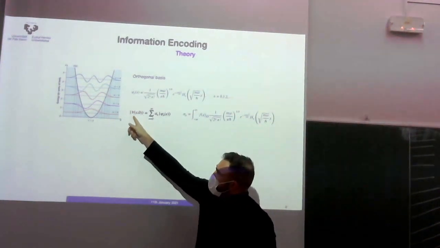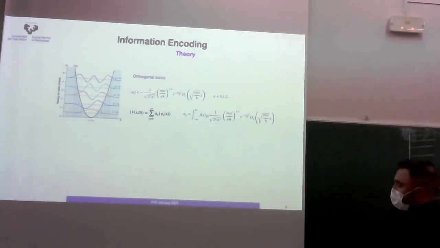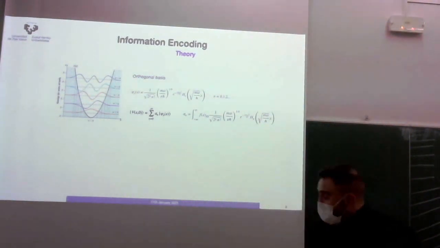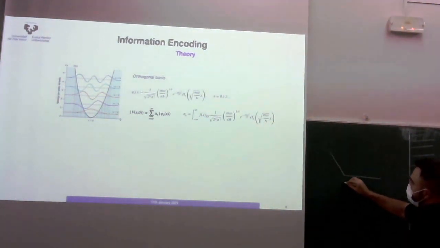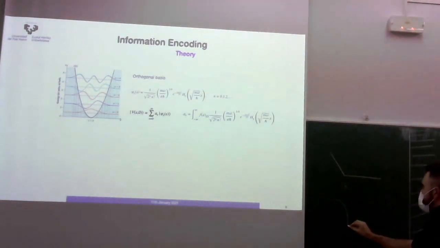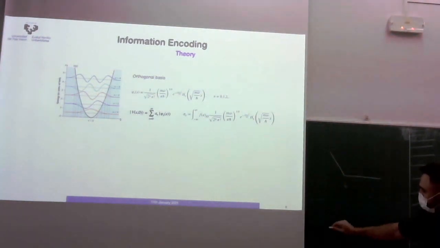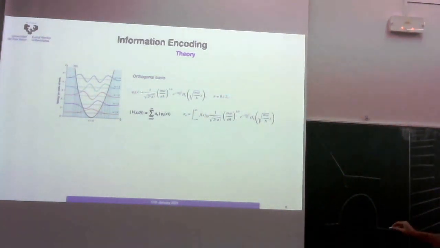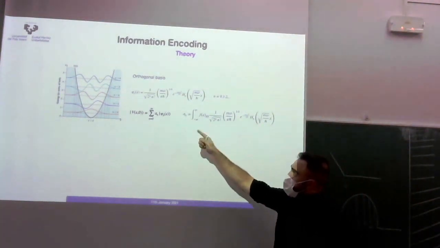So if we have any wave function, in particular the one that is encoding the initial condition of our problem, which is basically a wave function that we normalize, we can express it in terms of the polynomials of the basis. We can calculate the coefficients and express it into the basis.